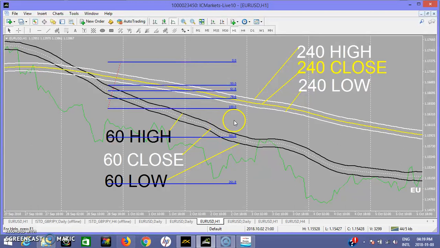Okay, so let's look at how we know where the trend is going. Here I use three consecutive time frames. The major one is the daily, where we look at the trend.